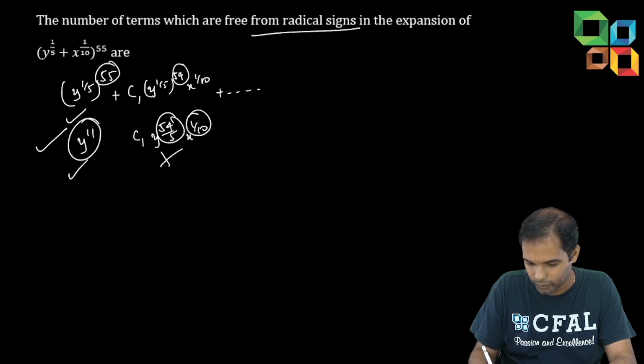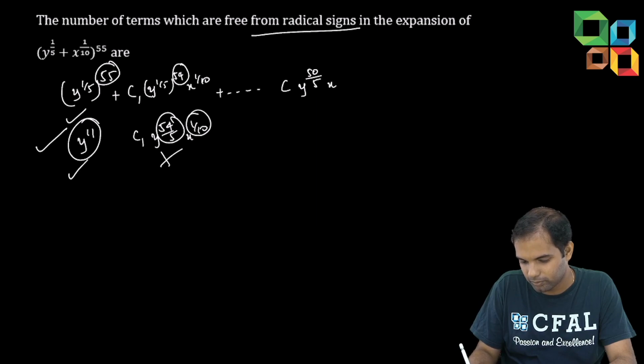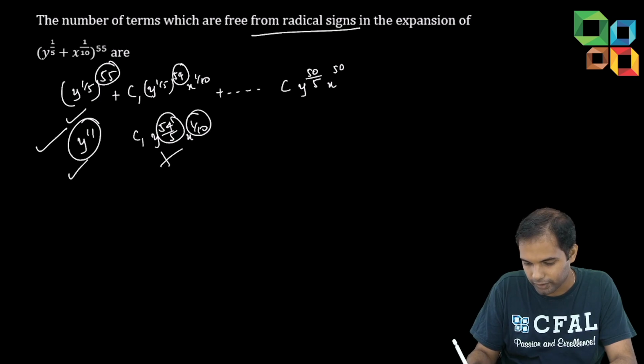This is 55. 54 won't happen. 53, 52 won't happen. Next, you can think of 50. So 50 by 5 will happen. This also should be 50. This is reducing, right?